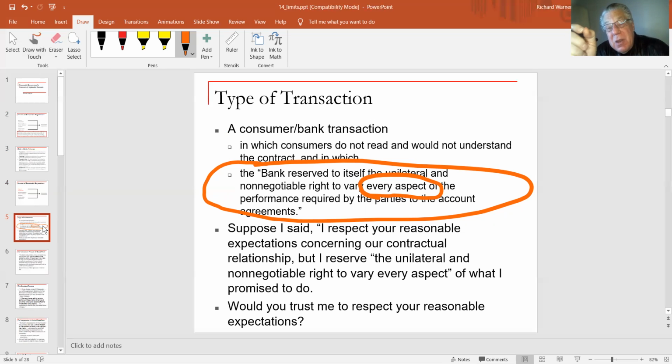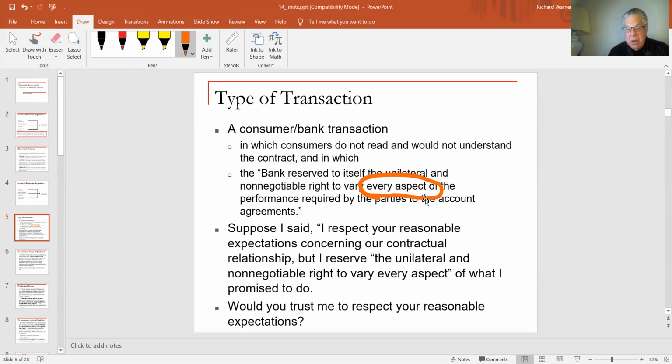And in this one, notice what they said in the retroactively updatable contract: we can change anything, right? And that bothers the court quite sensibly. If I said, I respect your reasonable expectations concerning our contractual relationship, but I reserve the unilateral and non-negotiable right to vary every aspect of what I promised to do, would you trust me to respect your reasonable expectations?